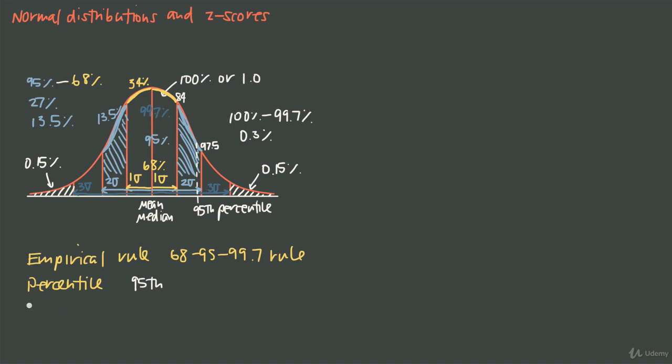So with that in mind, let's talk about the z-score because the z-score will give us the value in terms of standard deviations for any percentile that we want. So if we know that we're in the 95th percentile, we know that we're right at that point that's just above 95% of the data under the curve. And we can see right here that that's a little bit less than 2 standard deviations above the mean.